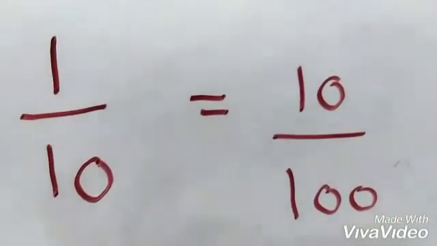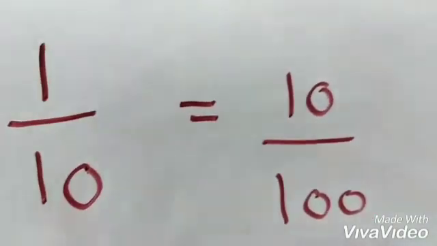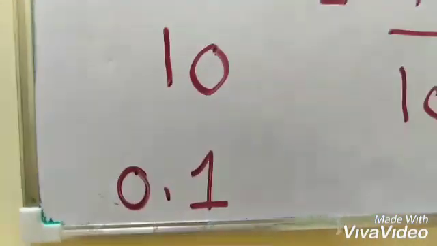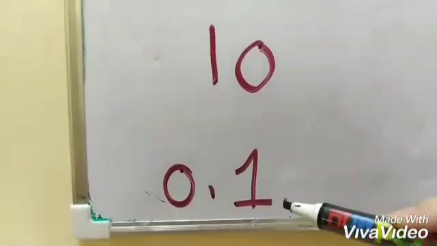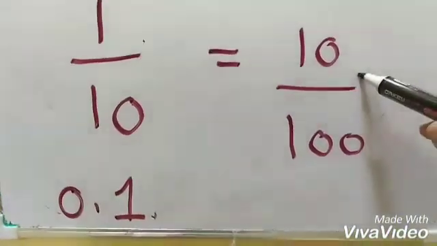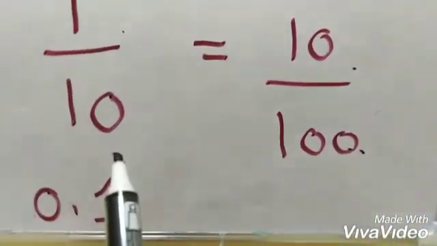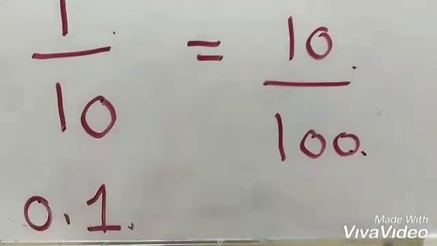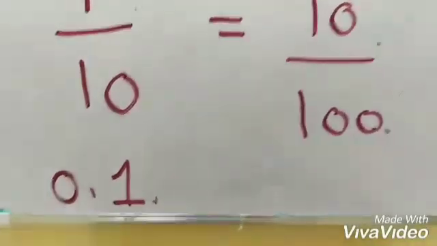So 1/10 equals 10 hundredths, as we saw on the number line. And we learned that we can write the fraction 1/10 as 0.1 using decimals. And since the fraction 10 hundredths equals the fraction 1/10, the fraction 10 hundredths can be written in decimals as 0.1.